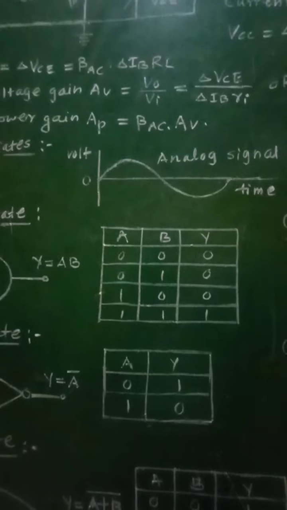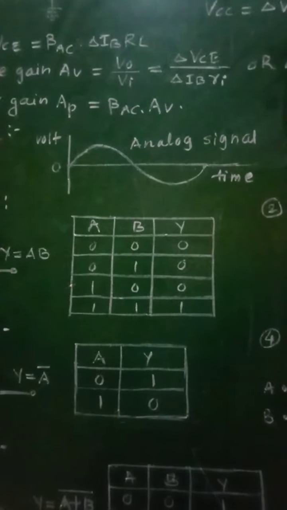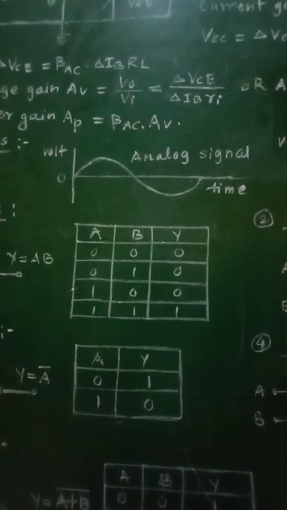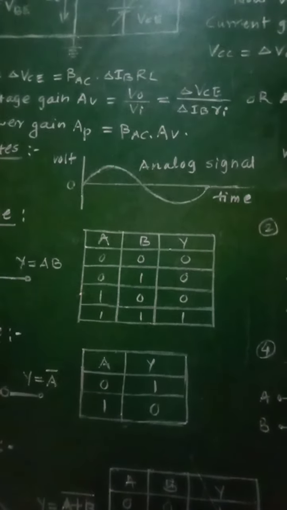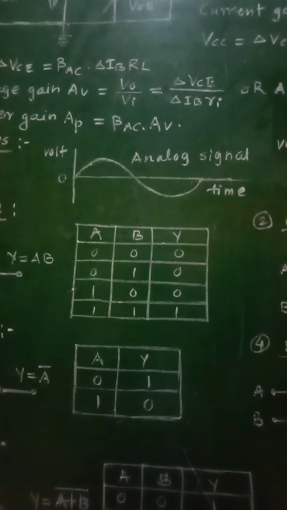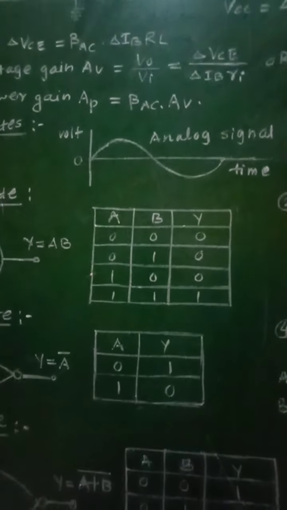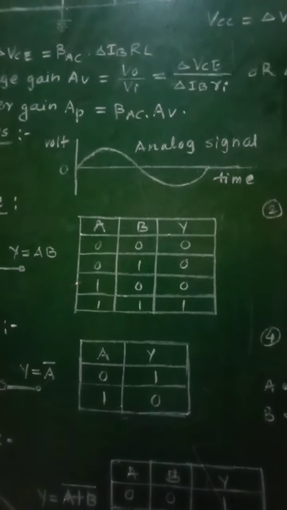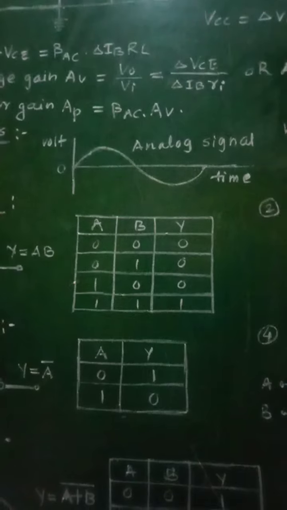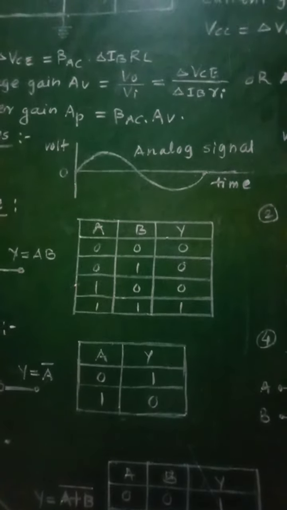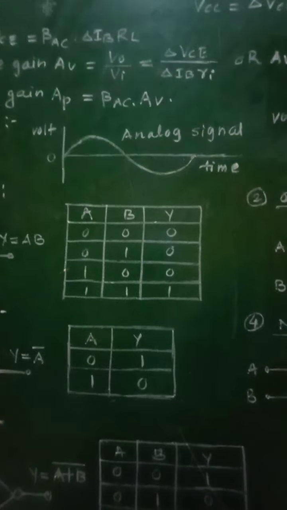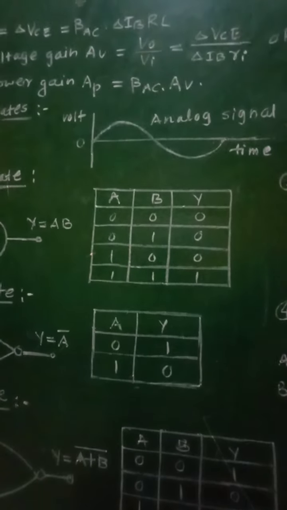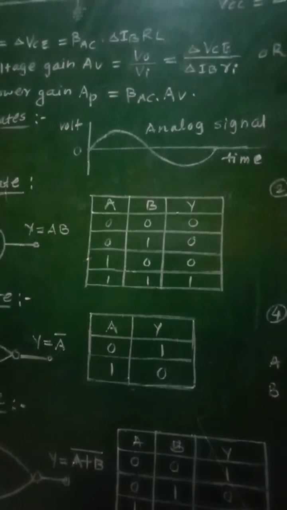Now what is actually a logic gate? A digital circuit with one or more input signals but only one output signal is called a logic gate. So in case of a logic gate, there may be one or more input signals and only one output signal.